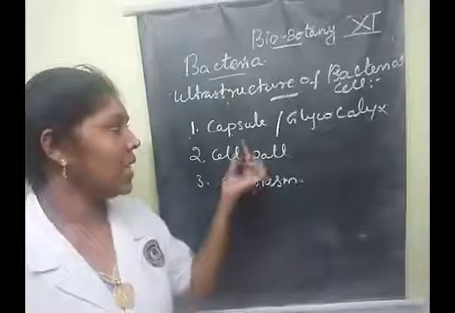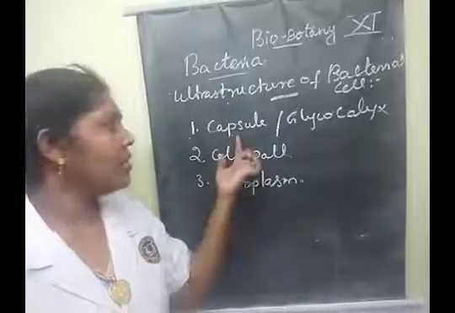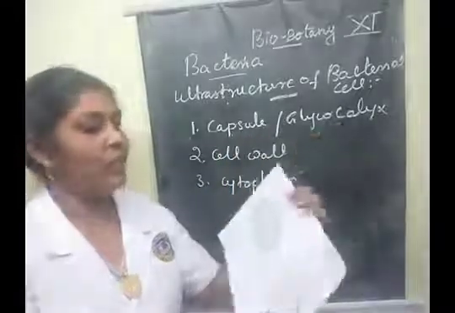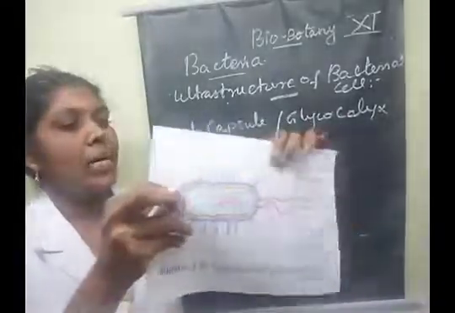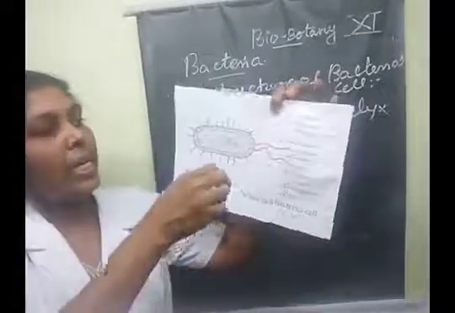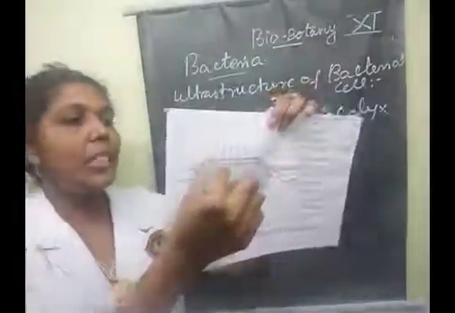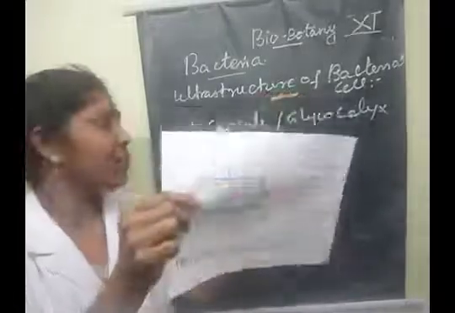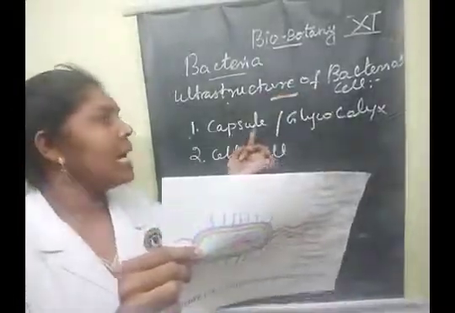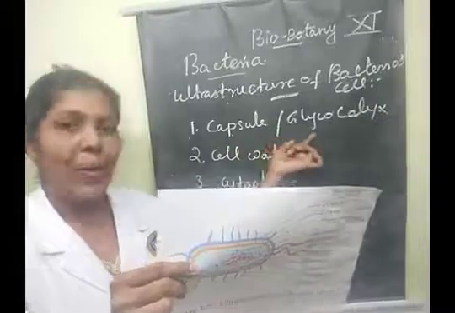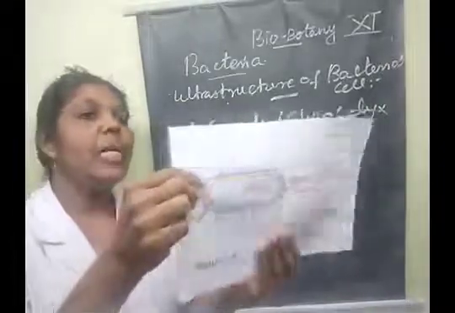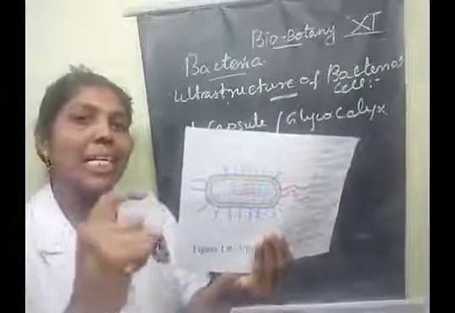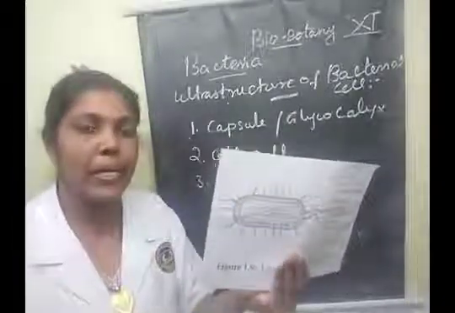Okay? The next one is to learn one by one. First one, what is capsule or glycocalyx? All of you see this diagram, children. Here the first one is the outermost area. Here, this layer of the bacterial cell has a gelatinous substance.